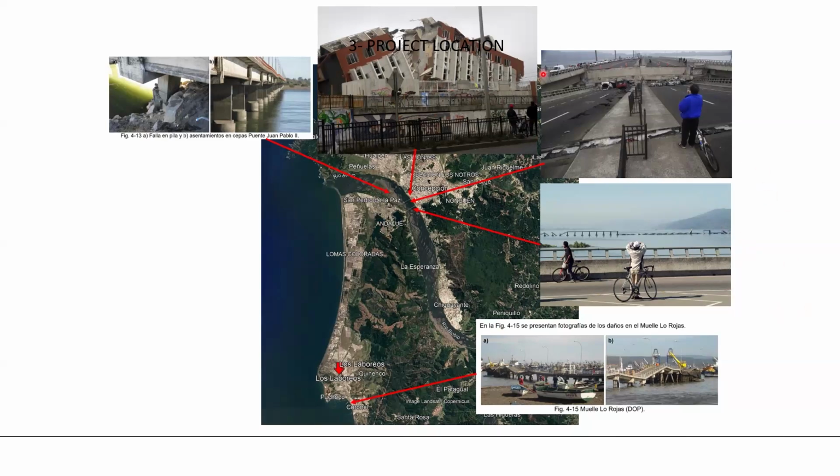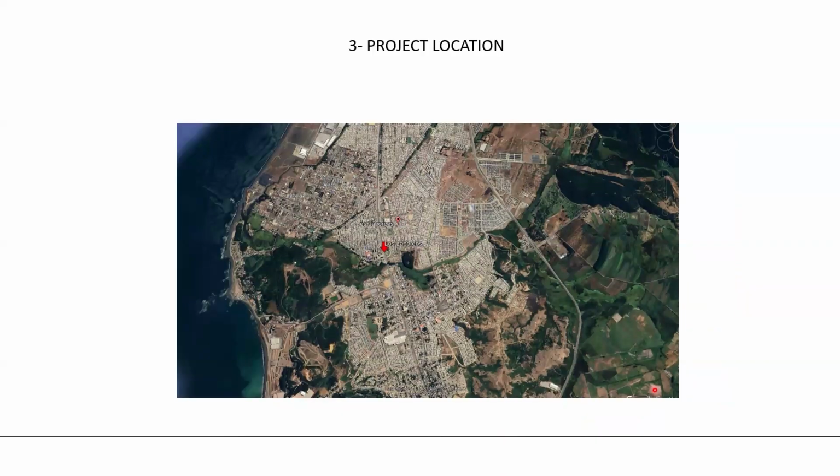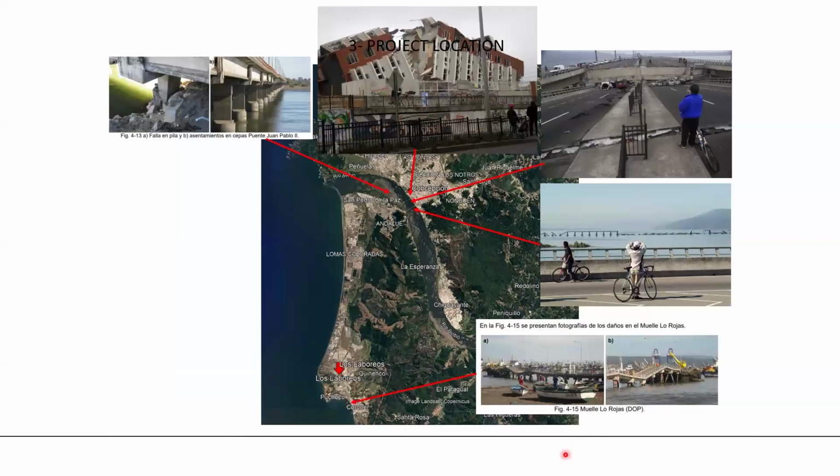And we had problems with infrastructure and buildings. If you remember that photo, it was very famous. Unfortunately, we had problems with bridges and harbors. Okay, and we had some problems very near to the project.